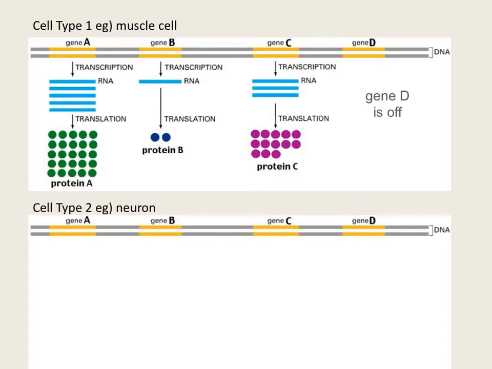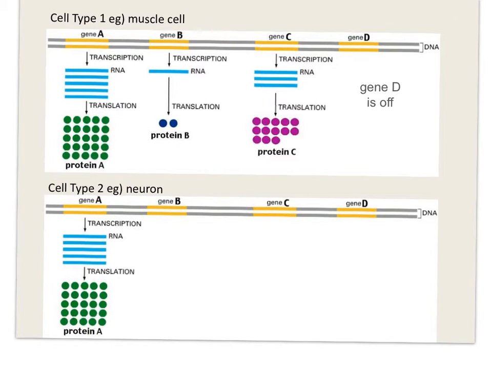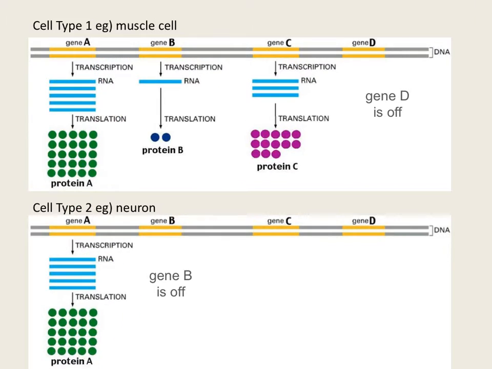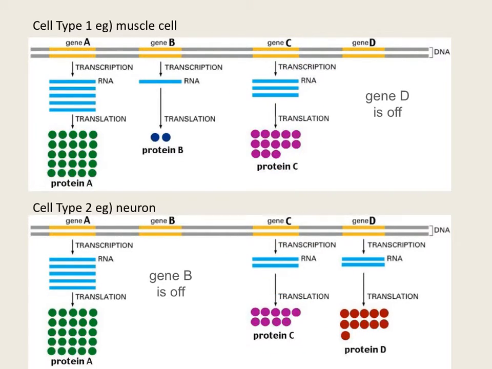Now, here's a neuron. Gene A and protein A looks like the same thing. Okay. B is off. There's not quite as much of C as there is up in the muscle cell. And then D is also transcribed and translated.